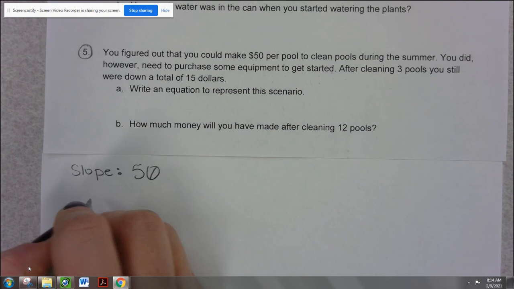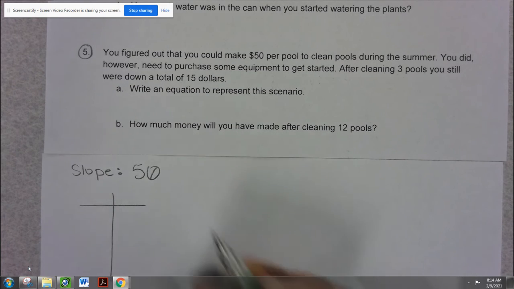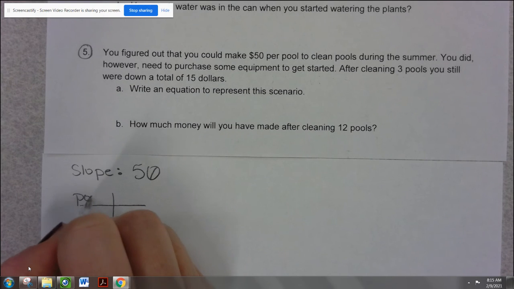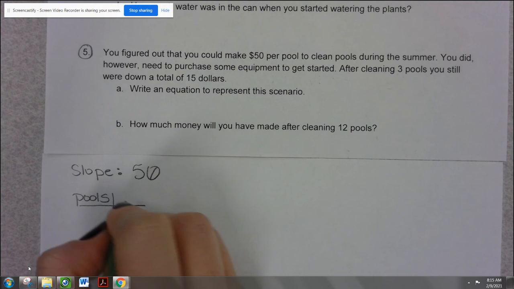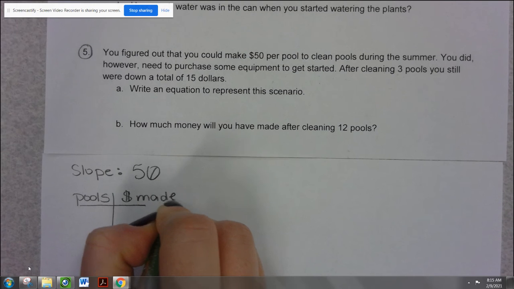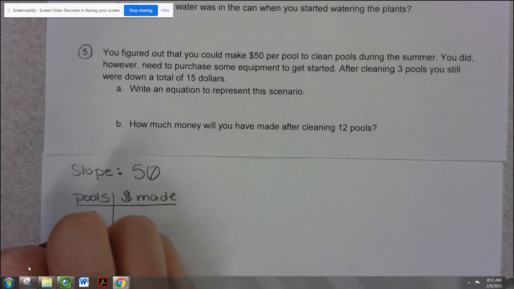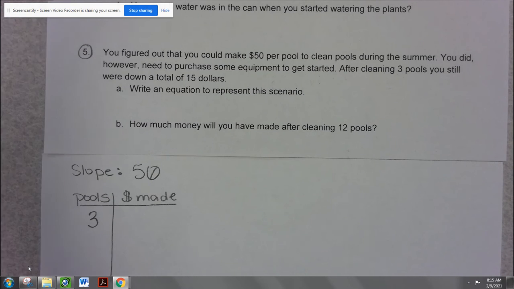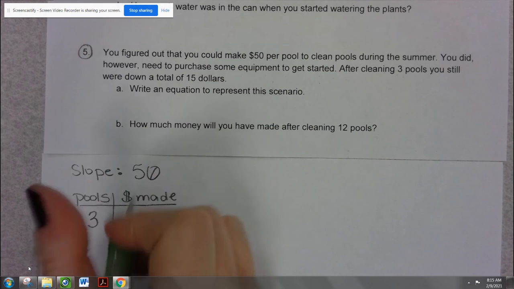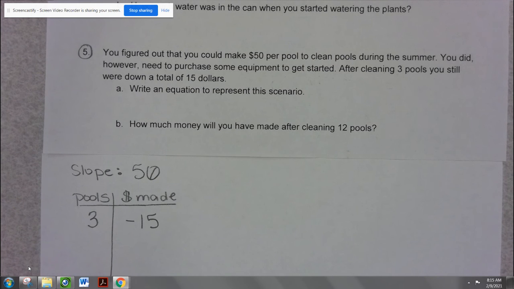So what I'm looking at here is the number of pools I've cleaned and how much money we've made. So after I cleaned 3 pools, I still was down $15, because I had to put up money ahead of time and purchase equipment.